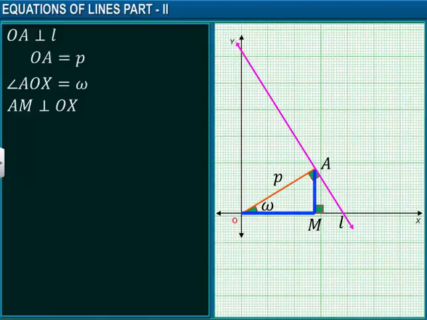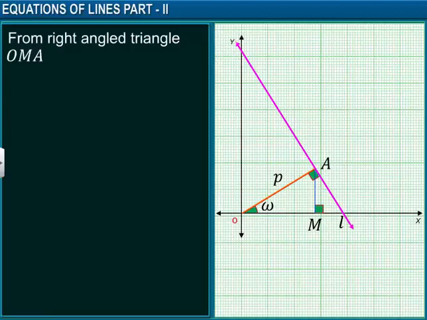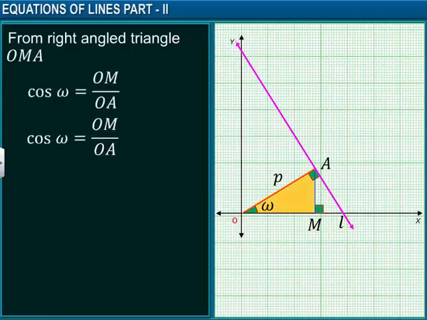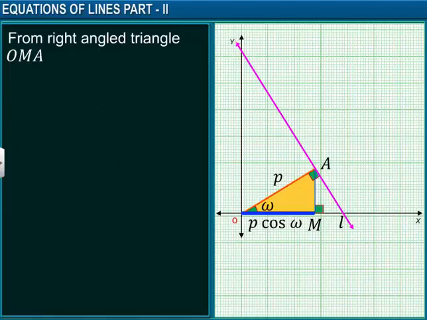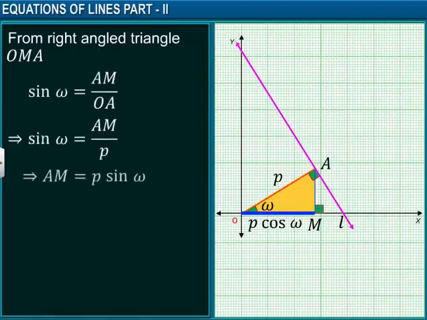From right-angled triangle OMA, distance OM is equal to P cos omega, and distance AM is equal to P sin omega. Thus we get the coordinates of point A as (P cos omega, P sin omega). Note that for the given values of P and omega, the coordinates of point A will remain the same no matter the quadrant in which line L lies.